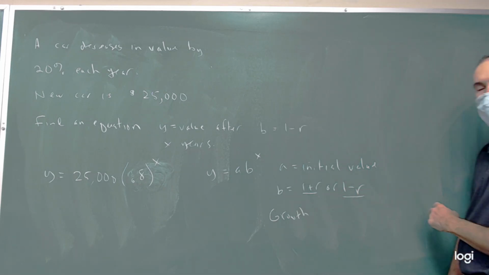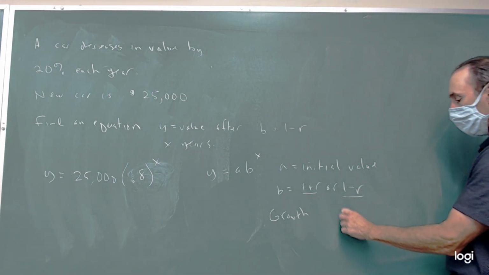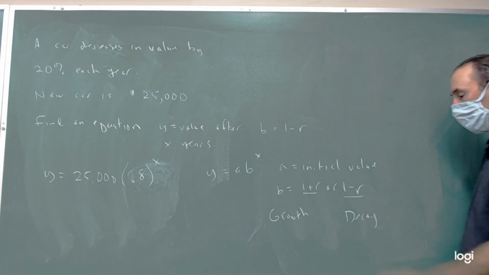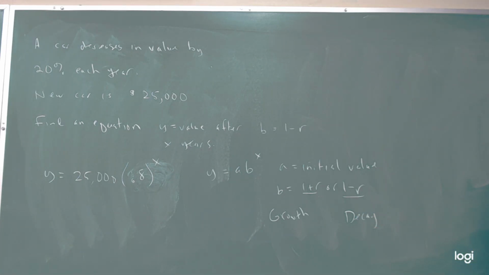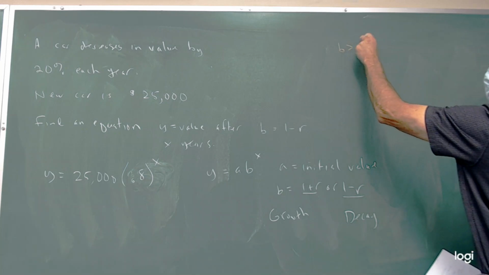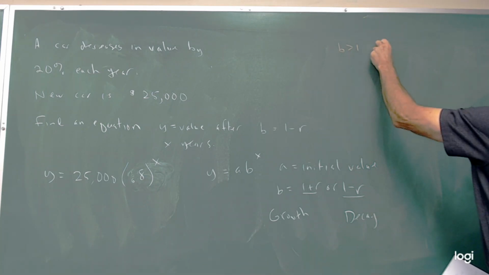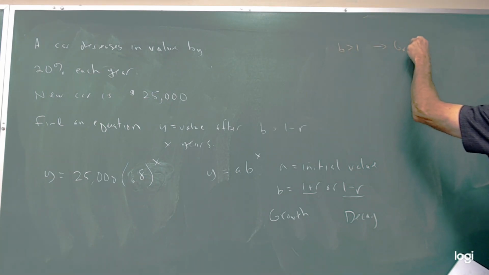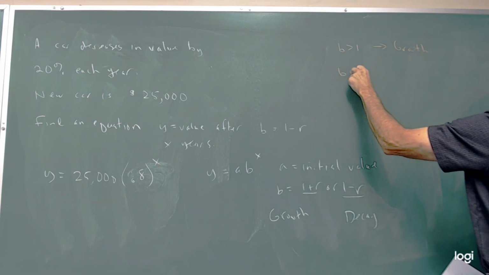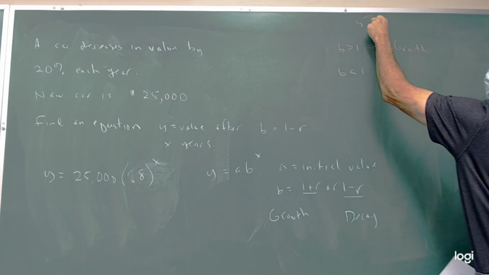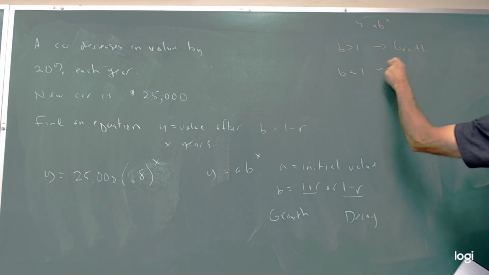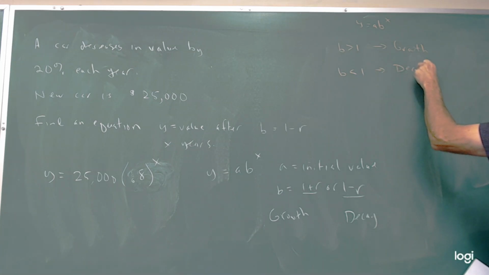And if that is 1 minus r, we're going to call it an exponential decay function. So we have exponential growth or exponential decay. When the b is greater than 1, that means we have growth. And when the b is less than 1, talking about y equals a b to the x here, then that's going to be a decay function.